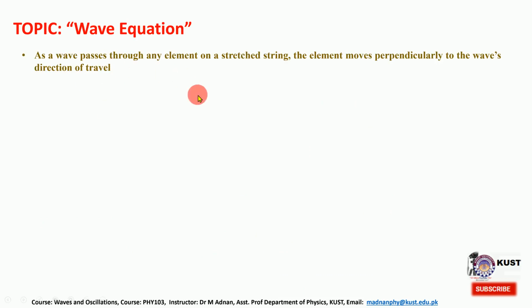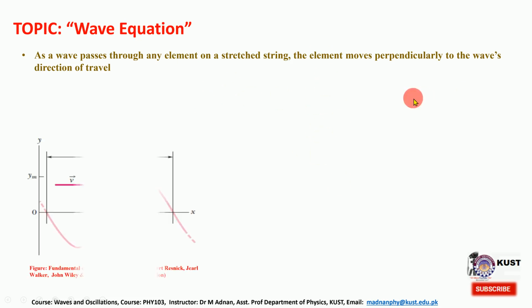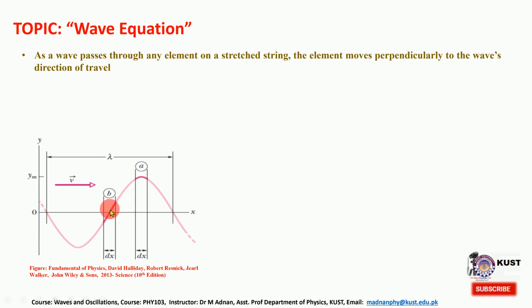As we have discussed in the previous lecture, when a wave passes through a string, each element of the string moves perpendicular to the direction of propagation. If you remember, we have a string, and over that string a wave is traveling towards the positive x direction, and we have marked different elements on that string such that each element is just moving up and down relative to the direction of propagation.